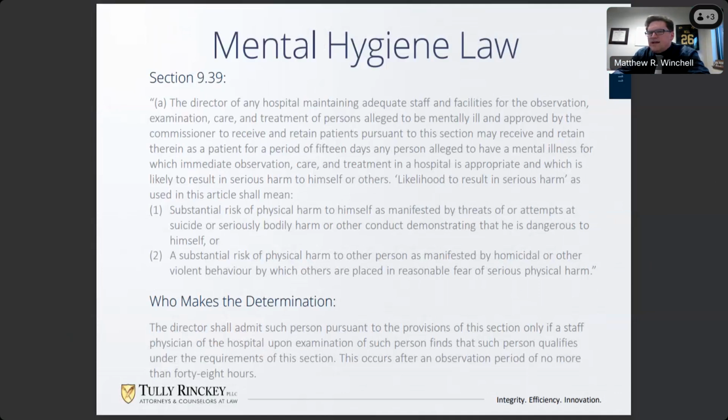Okay, somebody else asked about searching the court record that led to the serving of the extreme risk protection order. There's not really going to be much of a record. The only thing that is going to be on the record is the temporary order, which is the application and the order itself.